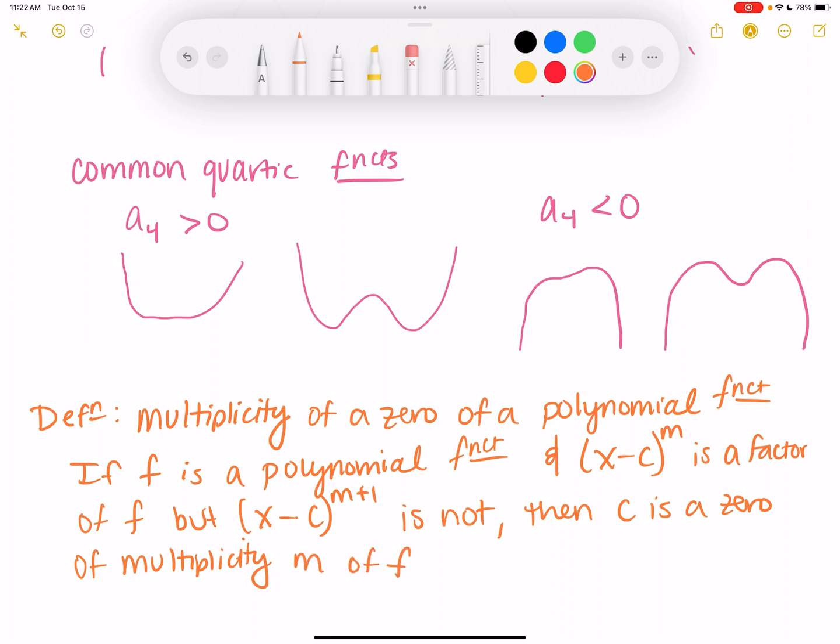So essentially we can have double zeros, potentially even triple zeros, depending on what power something's being raised to. It just means that essentially it crosses that point multiple times.